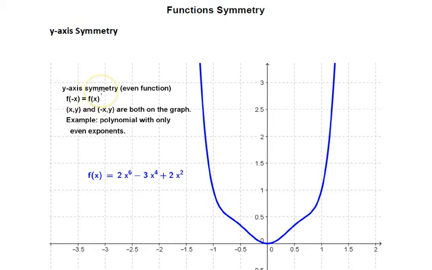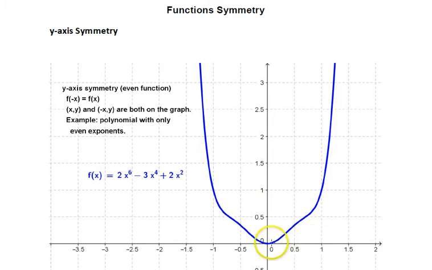Y-axis symmetry has the property for a function that if you look at f at minus x, it's the same as f at x. Let's take an example here. If we have an x over here somewhere, f of x, we go up and it intersects the graph here at this height on the y-axis.